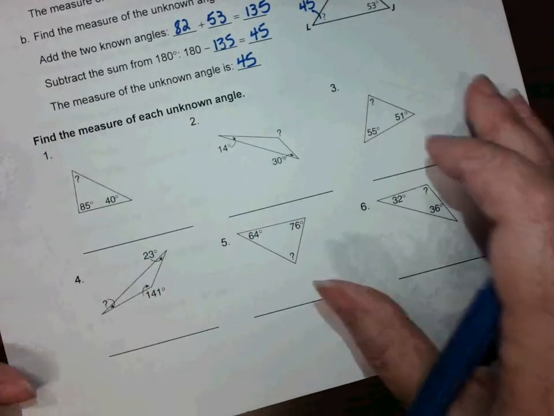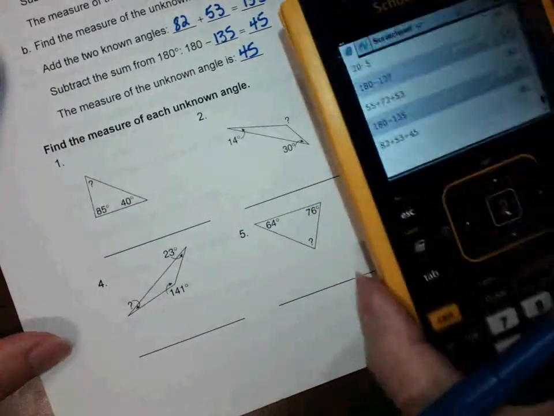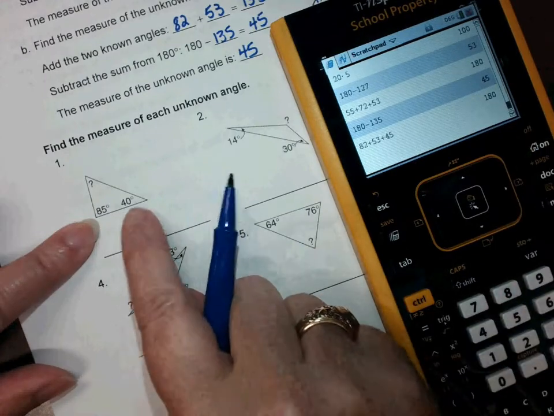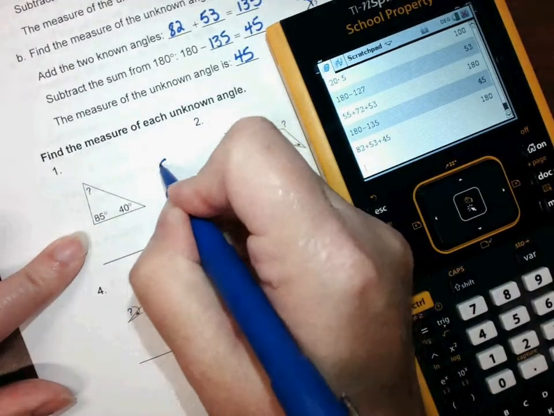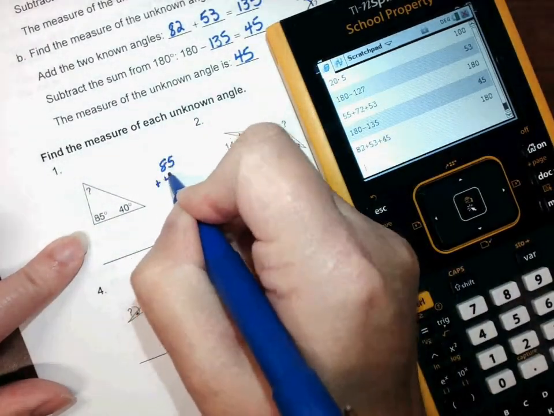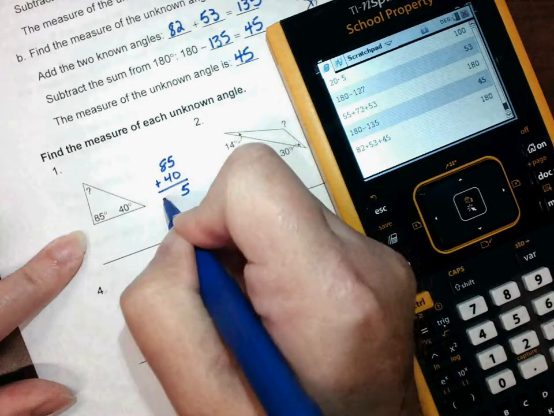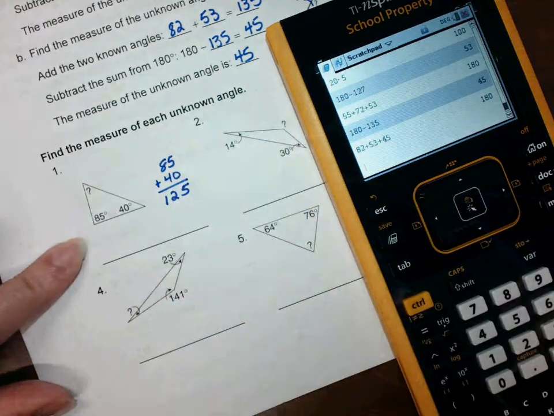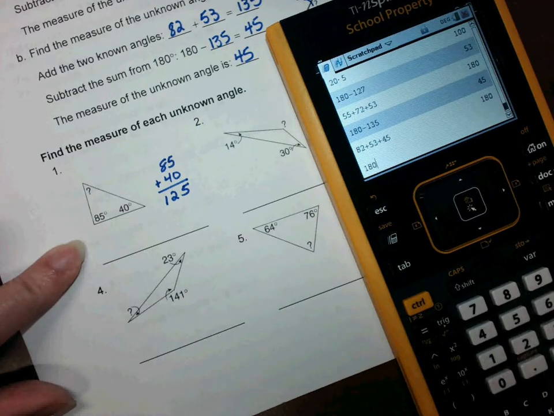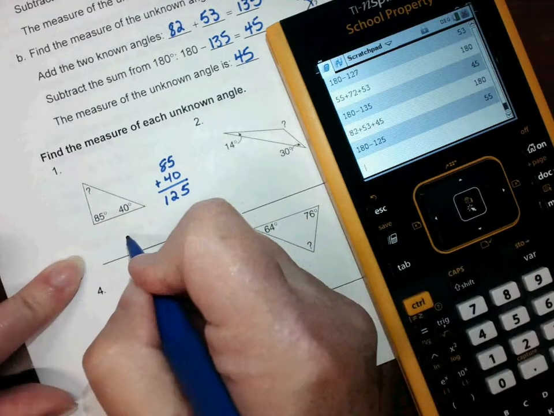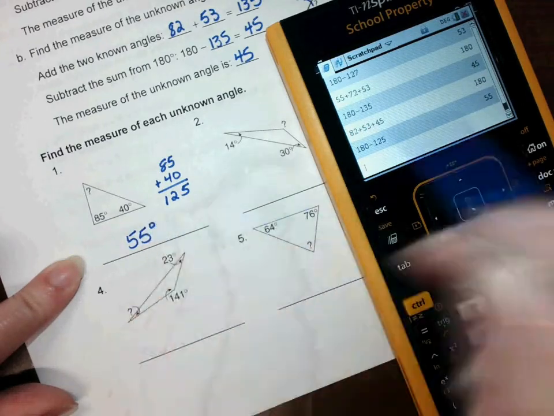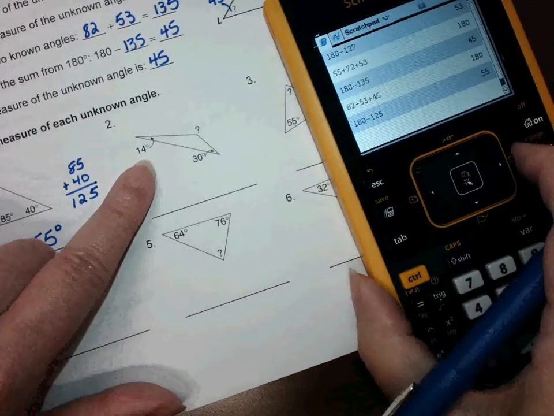Alright, so very simple. I'm going to add the two angles together that they gave me. 85 plus 40 is 125, and then 180 minus 125 is 55 degrees. Alright, same thing.